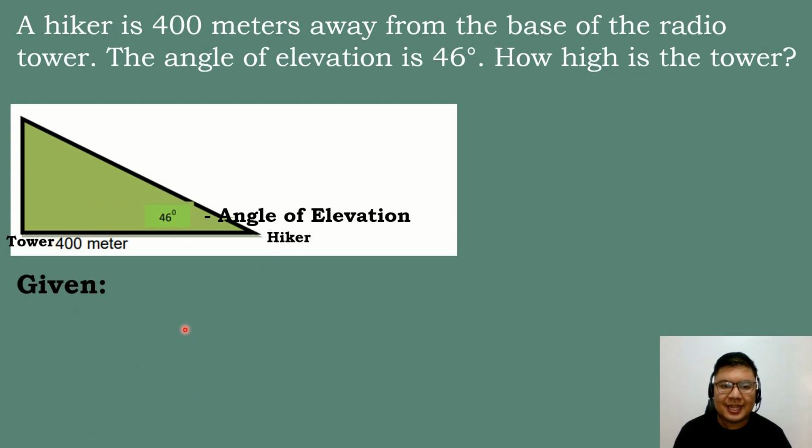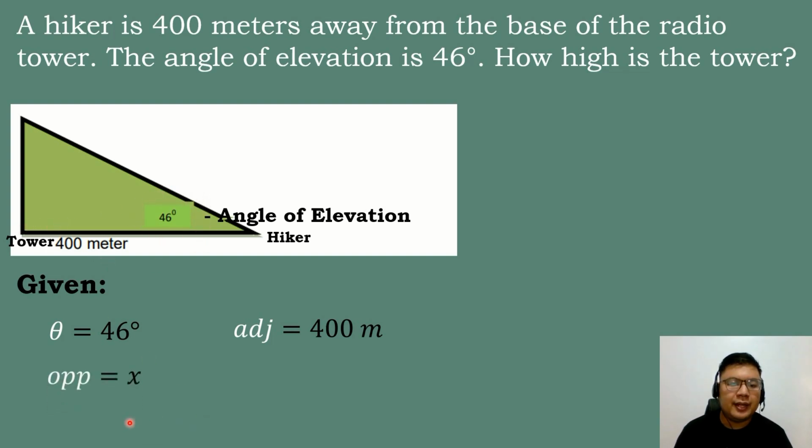But before that, let's identify the given. So we have theta is equal to 46 degrees. Adjacent side is equal to 400 meters. Adjacent side is in between the reference angle and the right angle. And then the opposite side, which is the height of the tower, is equal to x, or unknown.